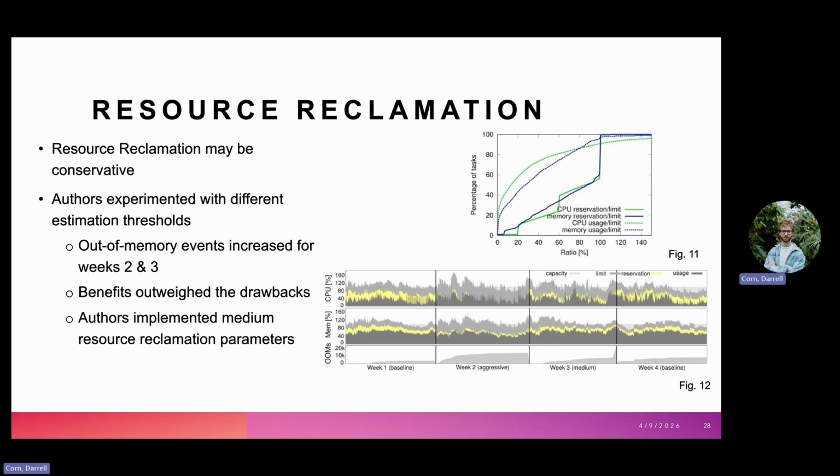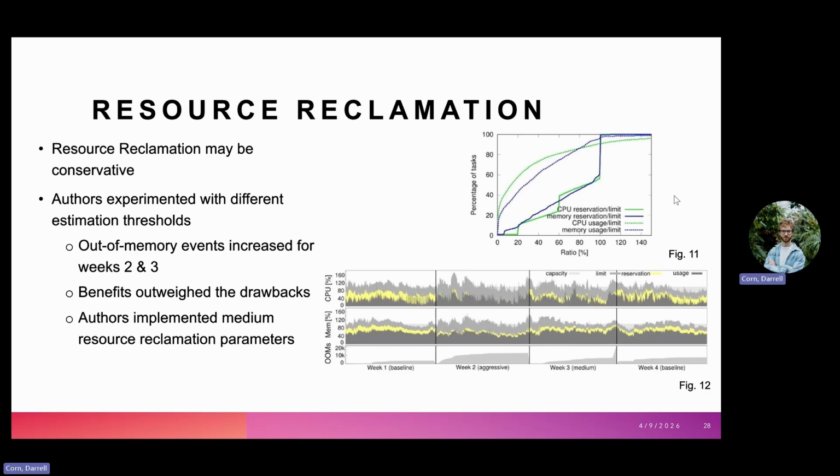That's why there's this vertical line here at 100%, because Borg is not going to reserve more than what it was requested for. Additionally, we can see that there's a pretty big gap between what is used over here and what Borg is reserving down here. So this demonstrates that Borg's resource reclamation is pretty conservative and gives a very large buffer, so tasks are not going to lose too many resources.